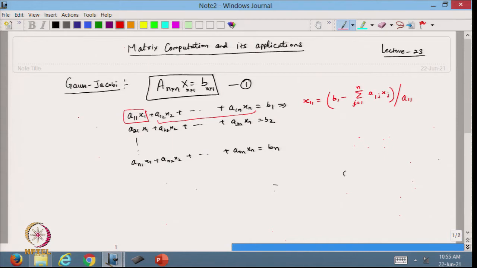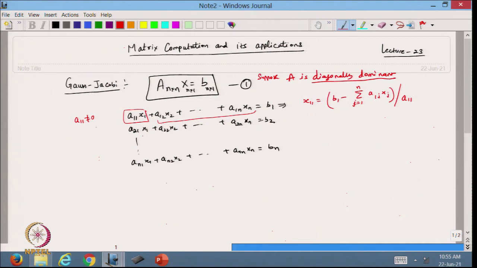My a11 is not equal to 0. Also suppose the matrix A is diagonally dominant. We already know the definition of diagonal dominance. So we consider A to be a diagonally dominant matrix, and then we write the Gauss-Jacobi method for solving this system iteratively.